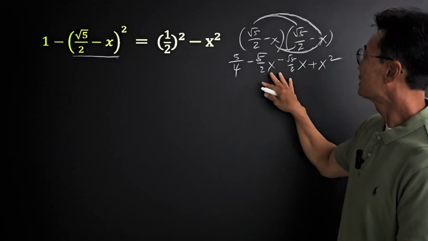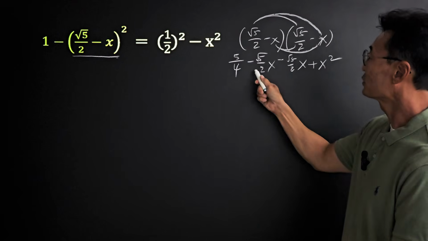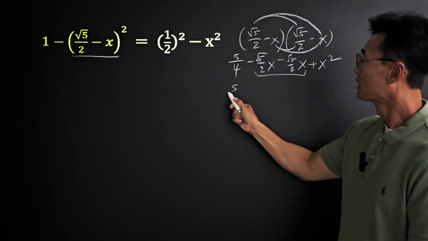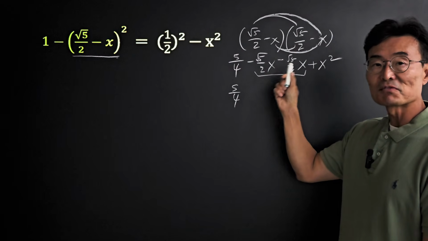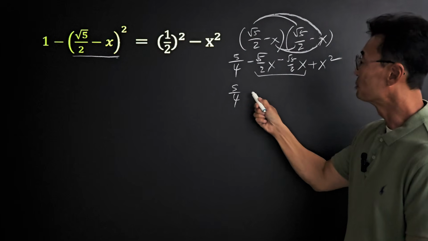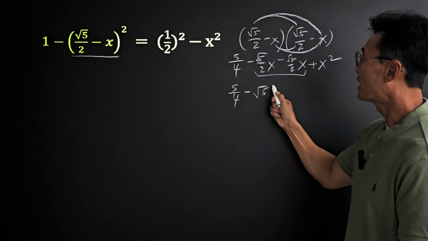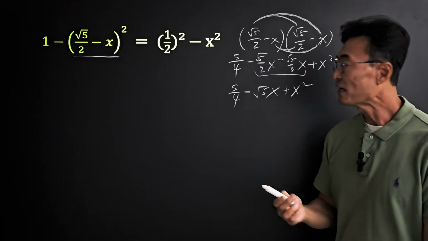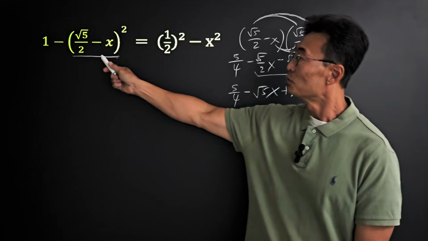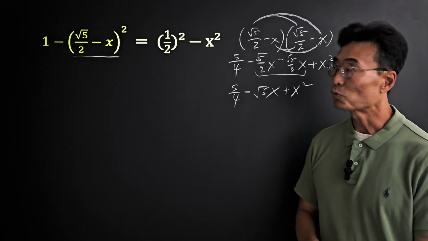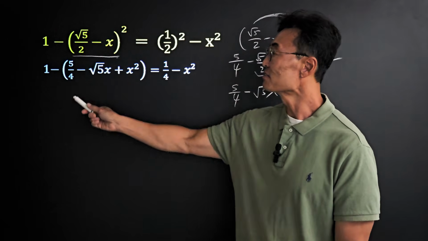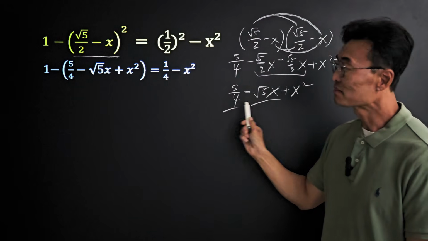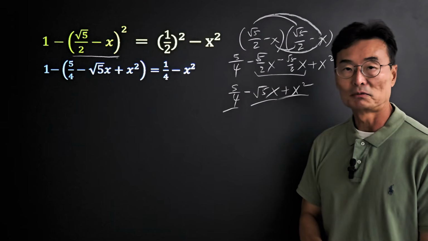Before we take it, let's simplify one more step, where we combine these two: negative (√5/2)x minus (√5/2)x is going to be minus √5x, plus x squared. Now let's replace that in the parentheses, where it's going to be 1 minus 5/4 minus √5x plus x squared.